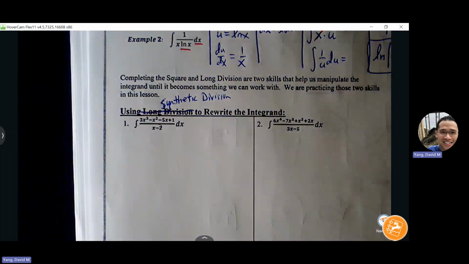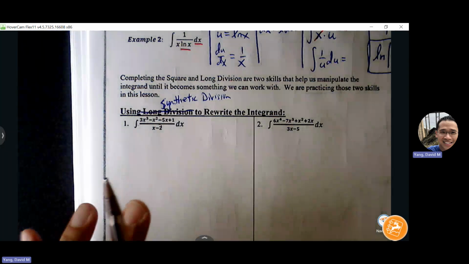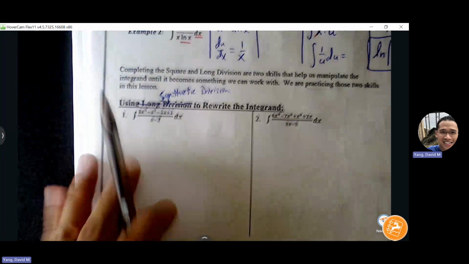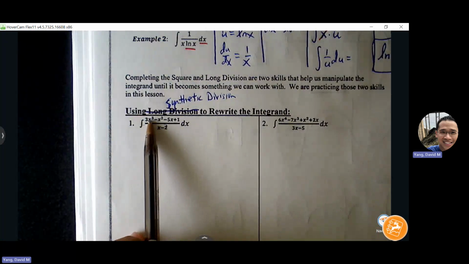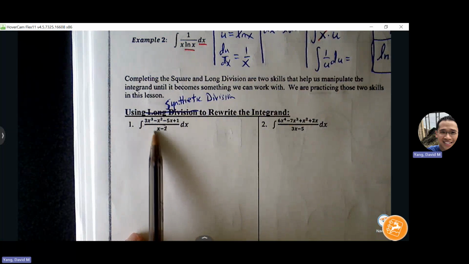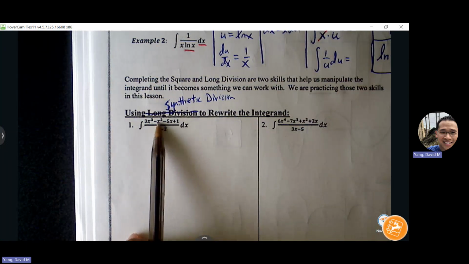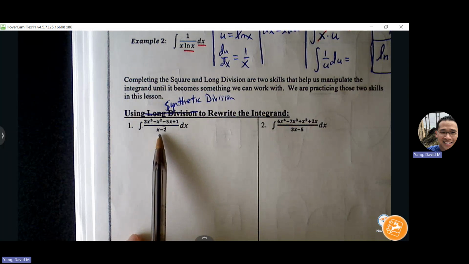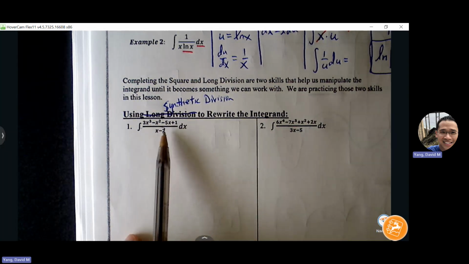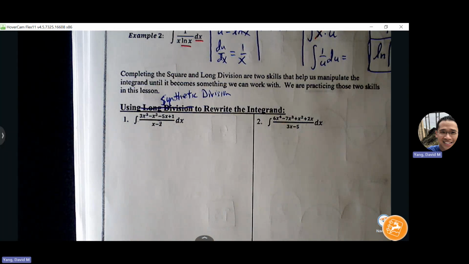That's typically going to be a better fit. There's always exceptions, but if your degree is higher in the numerator than the denominator, especially if it's a linear term down here, this is kind of the look for the synthetic division that we're going to do.